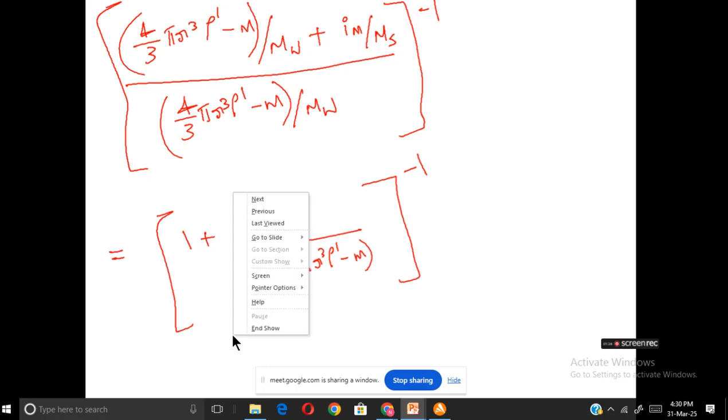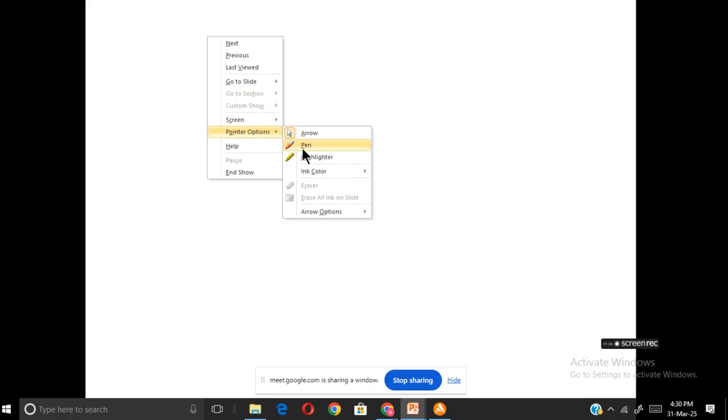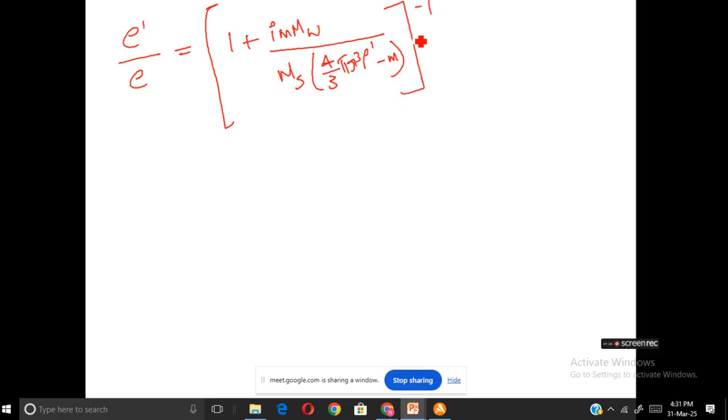So initially, E dash by E, the change in the saturation vapor pressure of the solution with respect to the saturation vapor pressure of pure water droplets, is basically given by, we just got it as 1 plus Im mw divided by ms into 4 by 3 pi r cube rho dash minus m, the whole inverse, right?